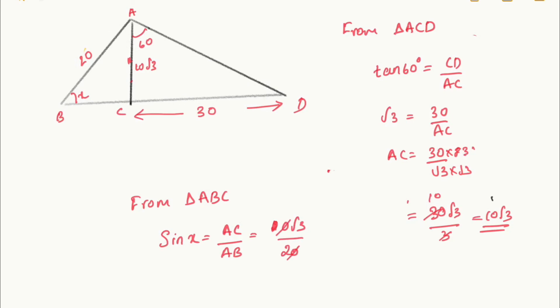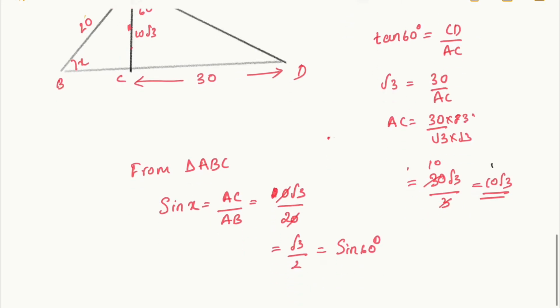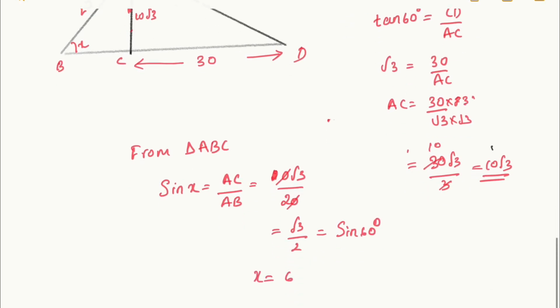So cancelling, I will get root 3 by 2. So which value of sin is root 3 by 2? You all are familiar with it. It is sin 60. Therefore, x is equal to 60 degrees. Okay. Thank you, students.